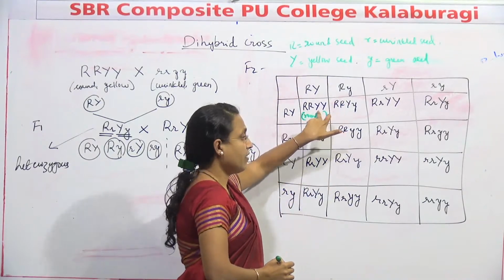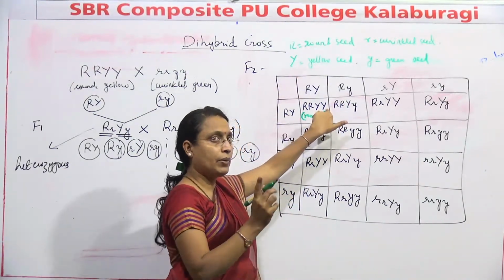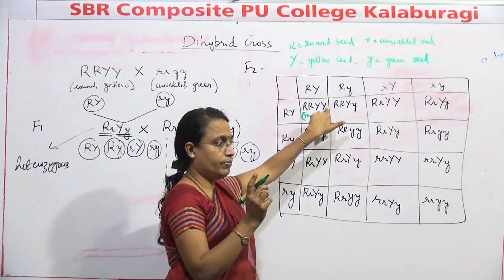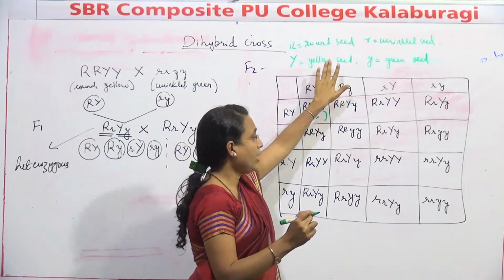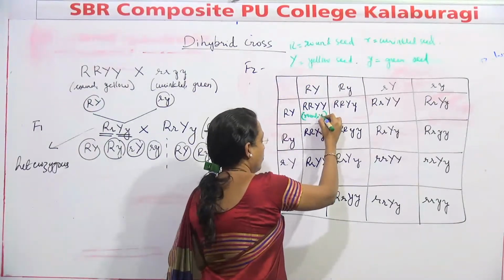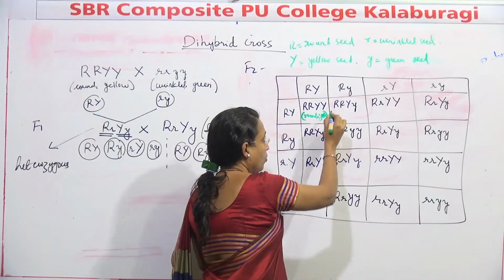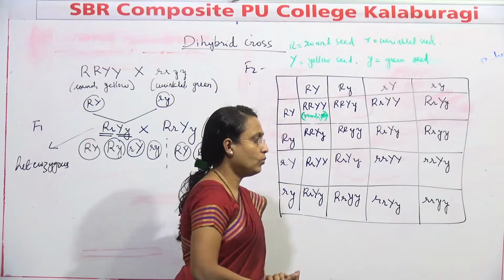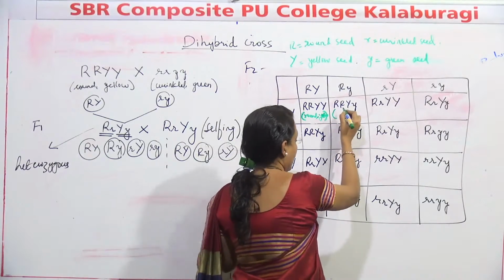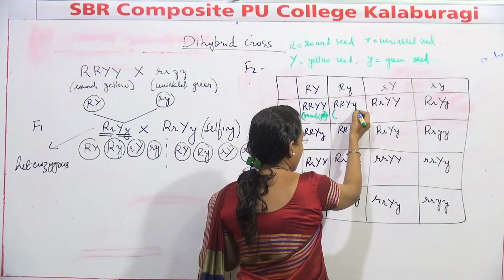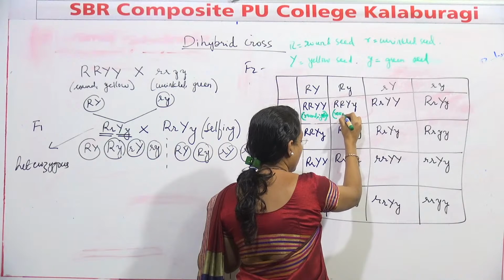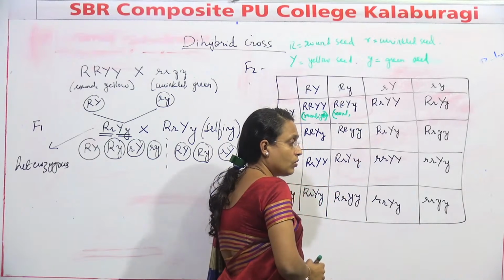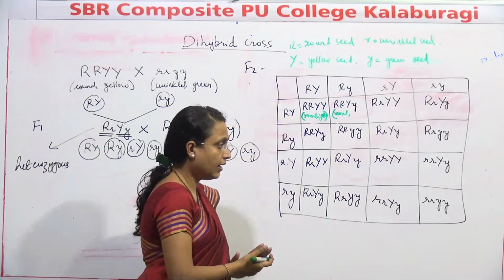Capital Y and capital Y: both the alleles are in capital, so the phenotype here is round and yellow. Similarly here you see round and yellow itself. Here the phenotype will be round.